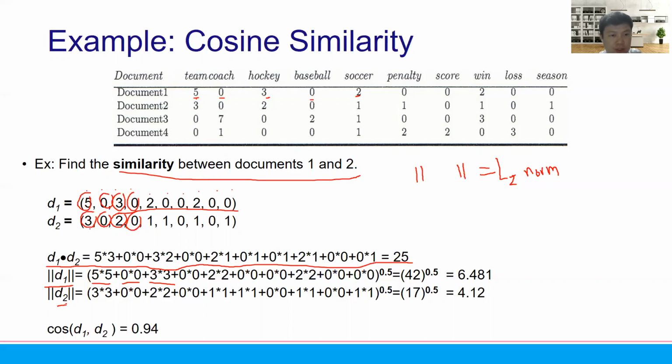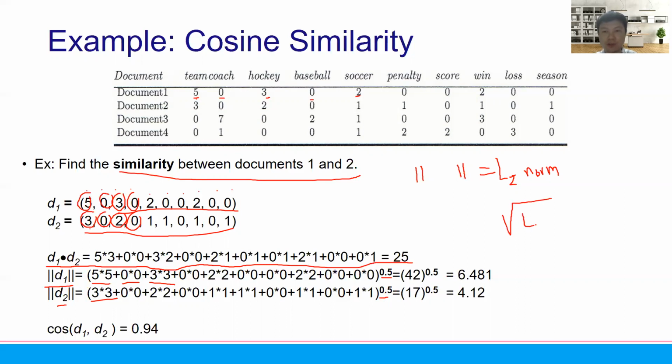And document 2 is the same. We multiply each individual number: 3 multiplied by 3 plus 0 multiplied by 0, and so on. And what is this power of 0.5? It means the square root.